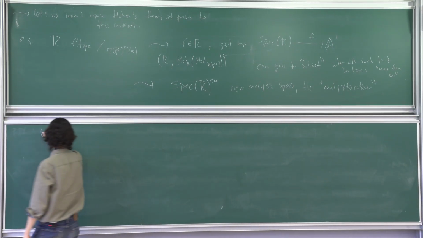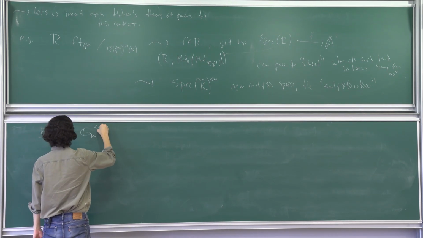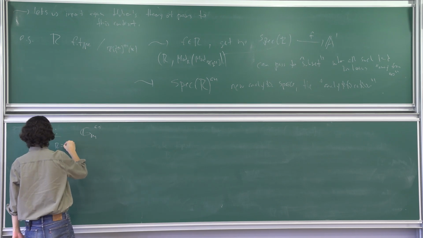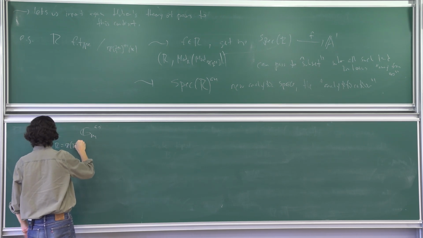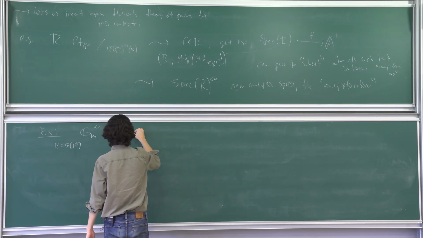So, for example, the analytification of G_m, so if we take R to be the base change of Z[t, t^-1], new variable t, this is exactly the object in Peter's talk.